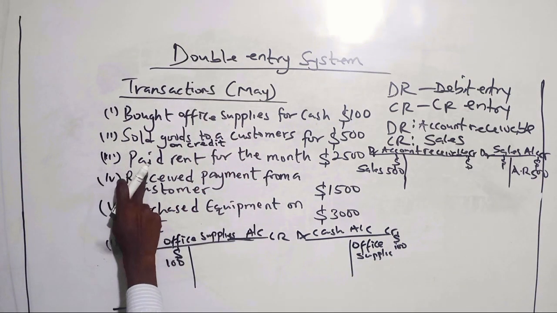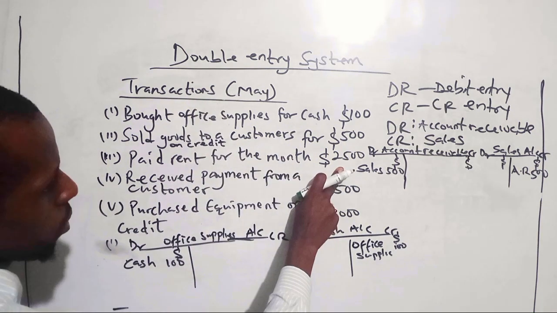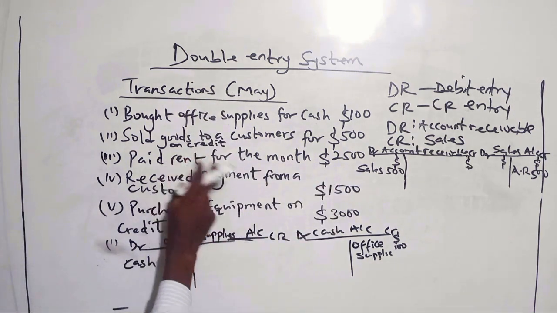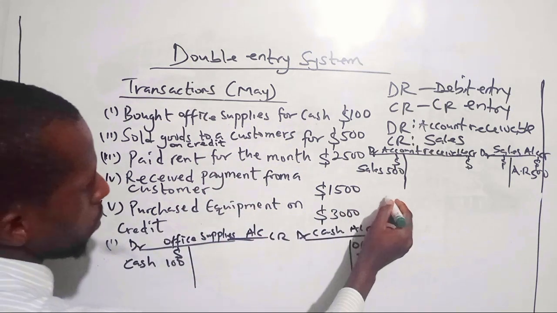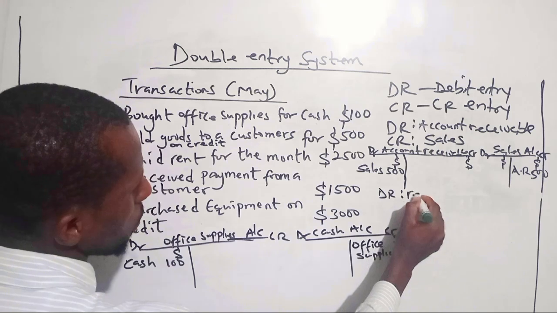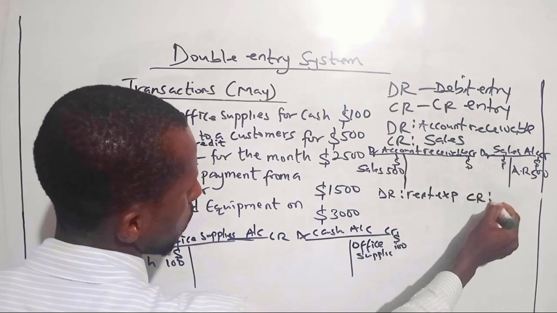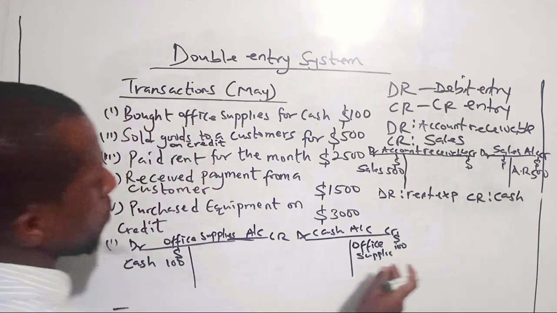For number three, we paid rent for the month of May, $2,500. In the double entry system, we debit the rent account, or rent expense, and we credit the cash account, since we are paying out the money.